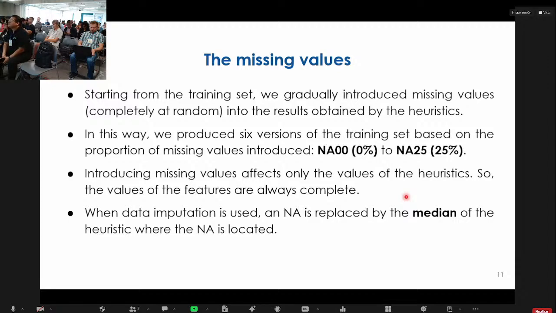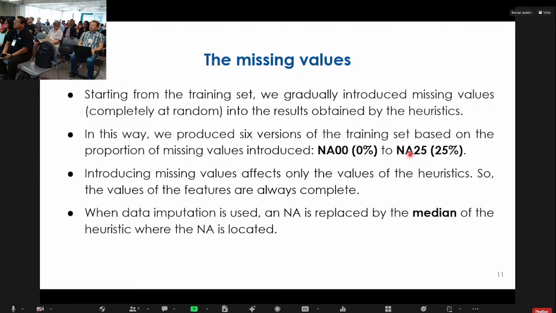For our missing values, we are going to start from the training set, which has no missing information, and introduce missing values. From this training set we produce six versions based on the proportion of missing values, from NA00 that has 0% missing values to NA25 that has 25% of the missing values.